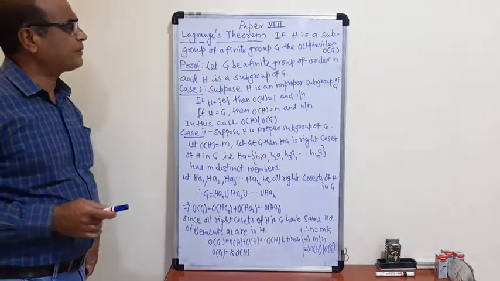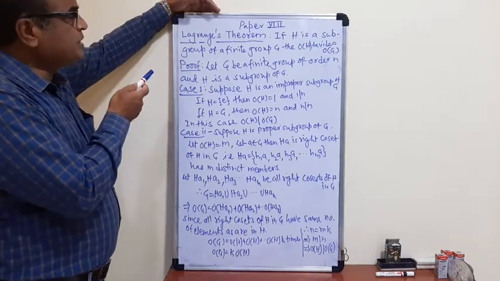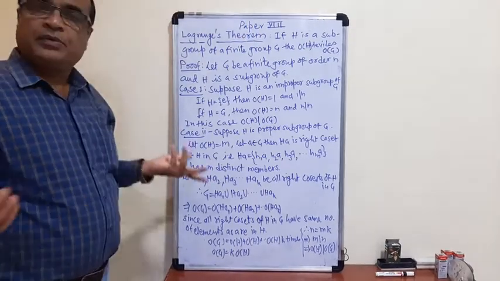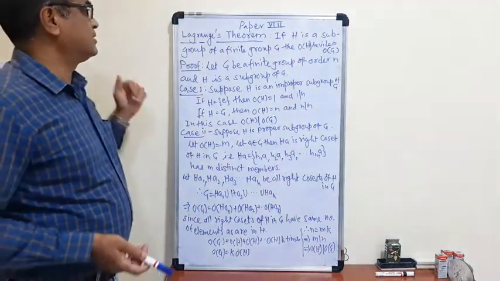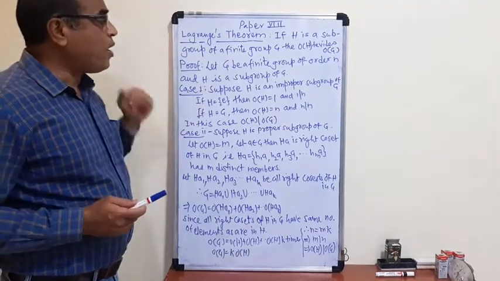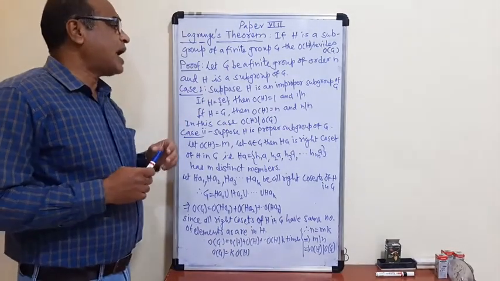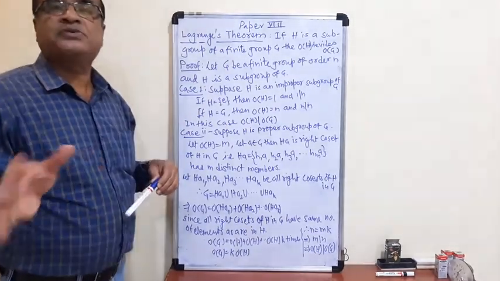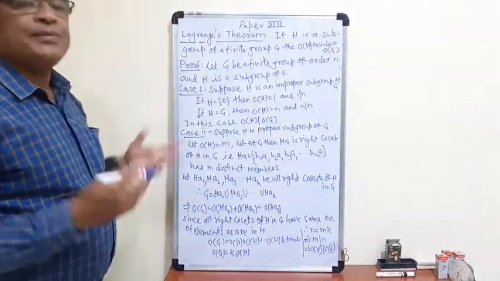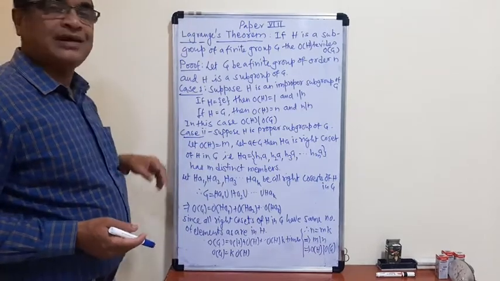So what is the proof here? Let G be a finite group of order n and H a subgroup of G. That is given. Suppose H is an improper subgroup of G. What is an improper subgroup? Let us take an example.